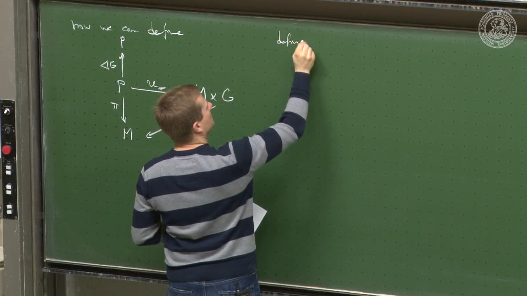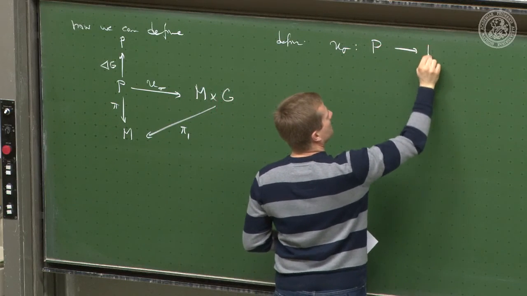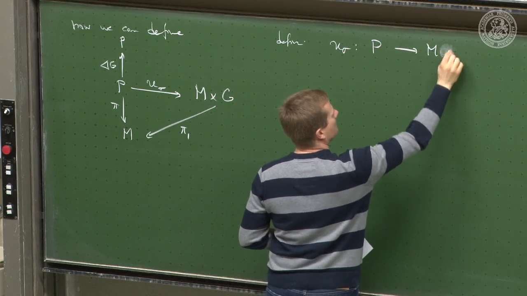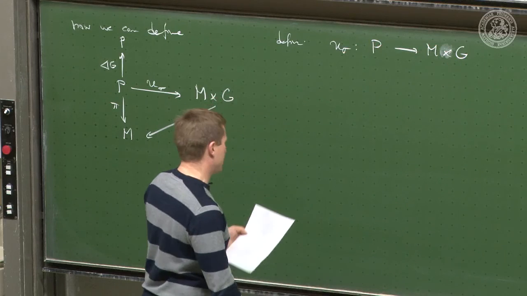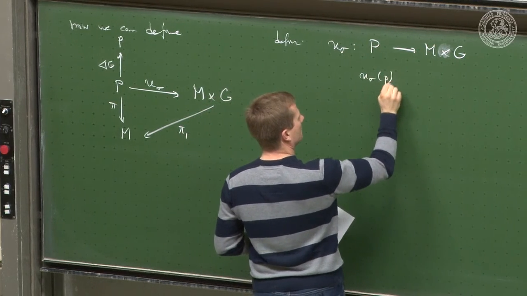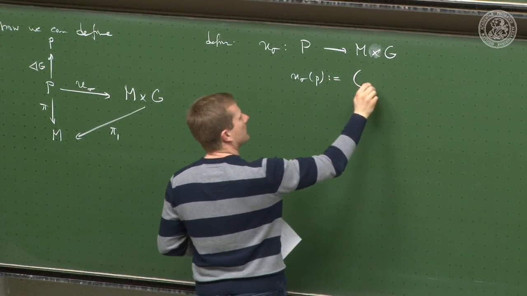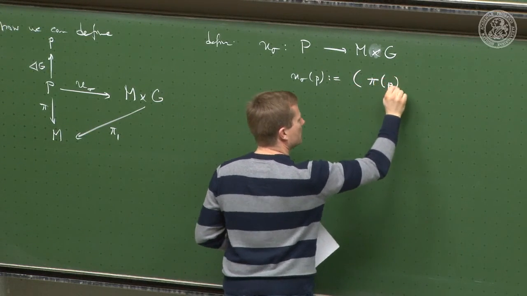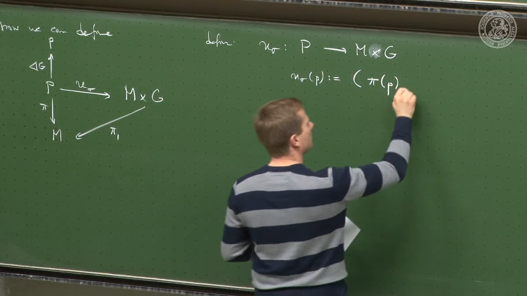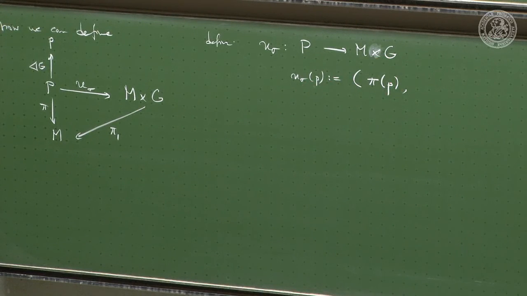We define the U sigma from P to M cross G as the map that takes a point P to, well, where can it take it? It can take it to the projection of the point P, and we have a map psi that takes us from P to the group.